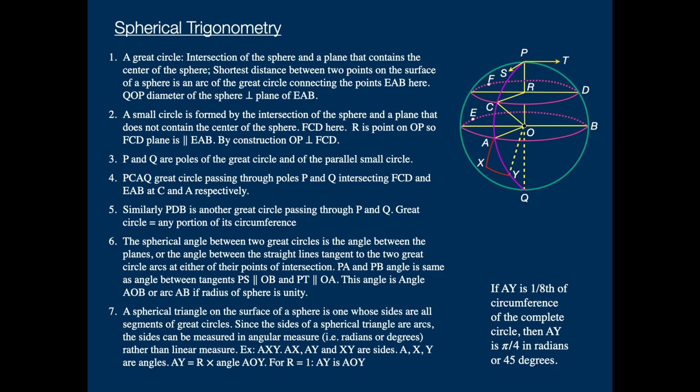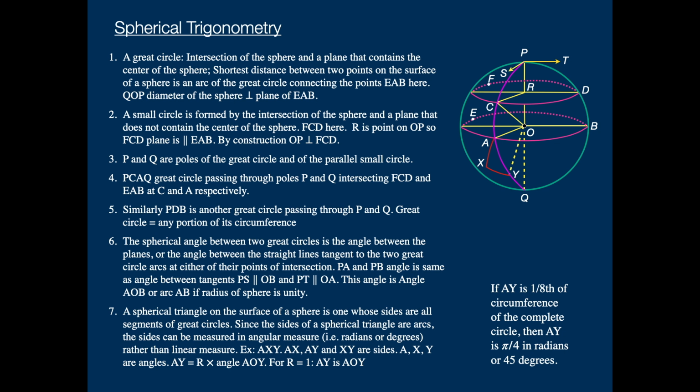So PCAQ is a great circle passing through poles P and Q and intersecting FCD and EAB at C and A respectively. This is another great circle which has been drawn in magenta, and it intersects the smaller circle at C and the great circle at A.